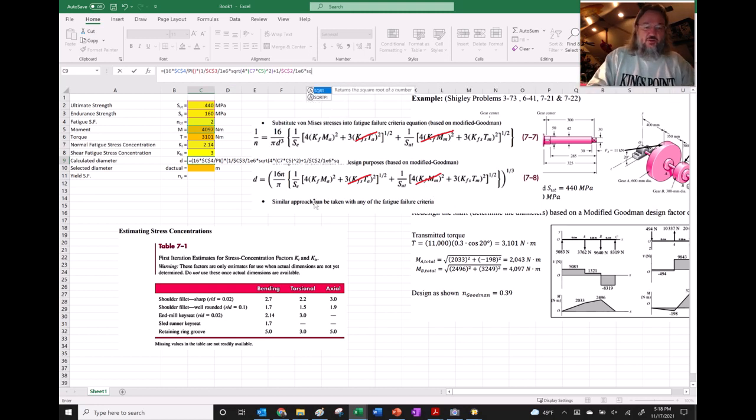So this time I'll remember ahead of time, SQRT, parentheses, and now I'm going to have 3 times, and now inside a parentheses I need KFS times torque, close parentheses, raised to the square. Now I'm going to close the parentheses for the square root.